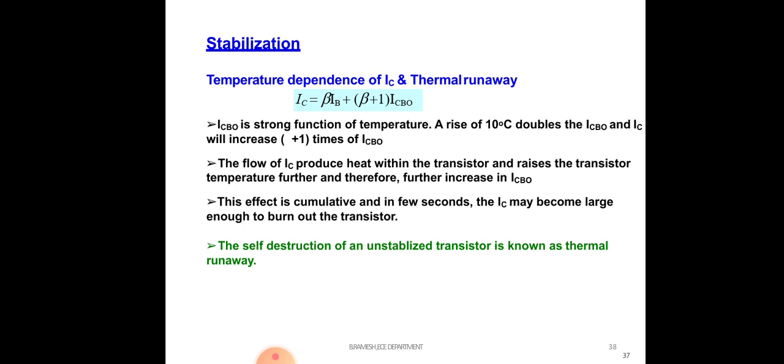So when temperature increases, ICBO current increases, IC current increases, power dissipation increases across the collector base junction, and temperature increases again. So this is the chain. This is called thermal runaway. After a certain temperature, your transistor is destroyed.